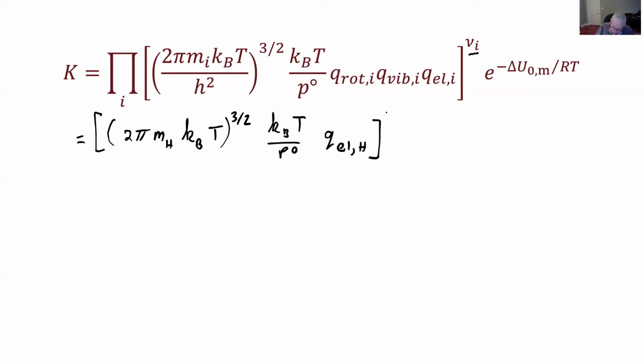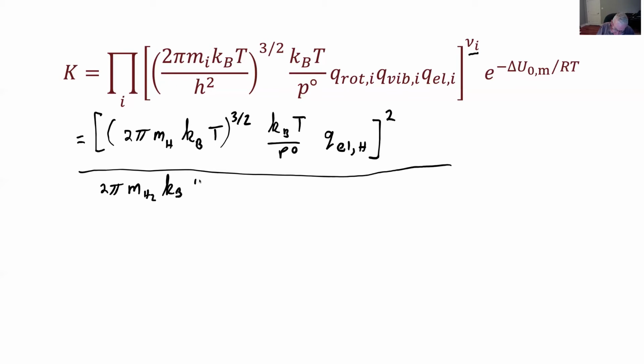That's all H atom stuff, so that's on the top and squared. On the bottom now, I'm going to have the terms for the molecule, so I'm going to have 2 pi m_H2 k_B times T over h squared, to the 3/2. I've got k_B T over P0.